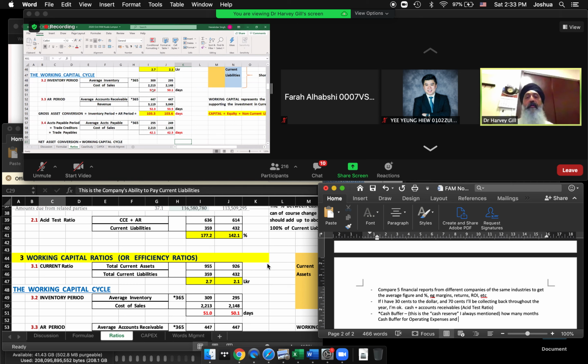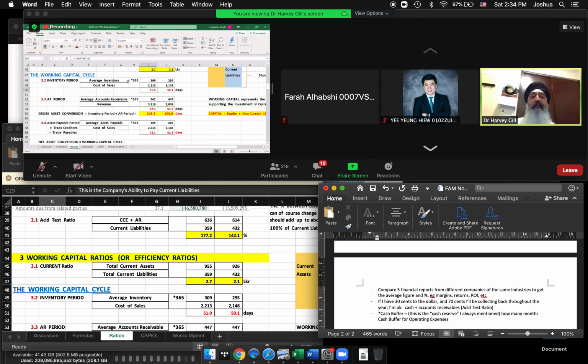So you see, on average this company's money is stuck in the business for about 50 days. Very consistent, 50-51 days. That means if you are looking at a company and the numbers are pretty consistent, you know that it is business as usual. But if there's a disruption here, then you have a story to tell. You must find out what happened here.